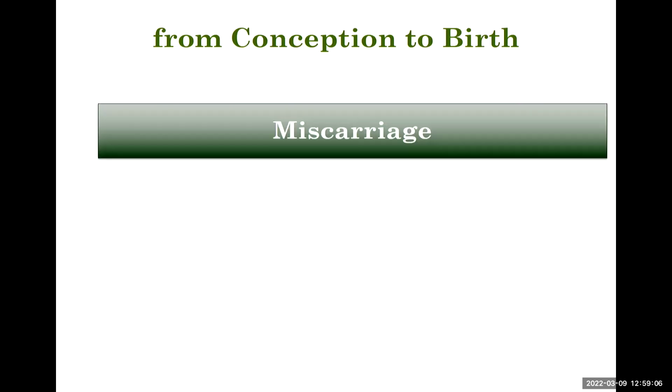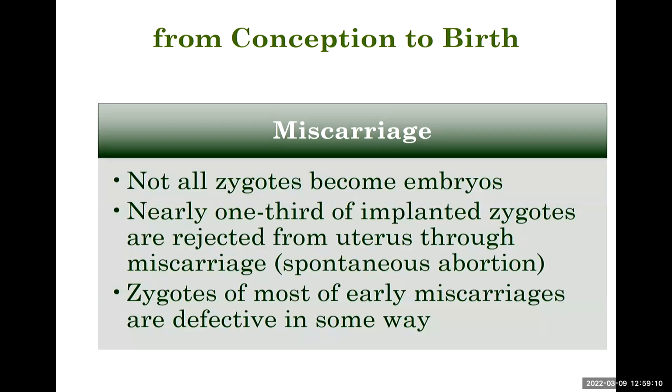So miscarriages happen. A miscarriage is just a spontaneous abortion. Not all embryos become fetuses. Nearly a third of implanted zygotes are rejected from the uterus. They go to be implanted in the wall of the uterus, and the mother's body rejects them. There's usually a reason for this.